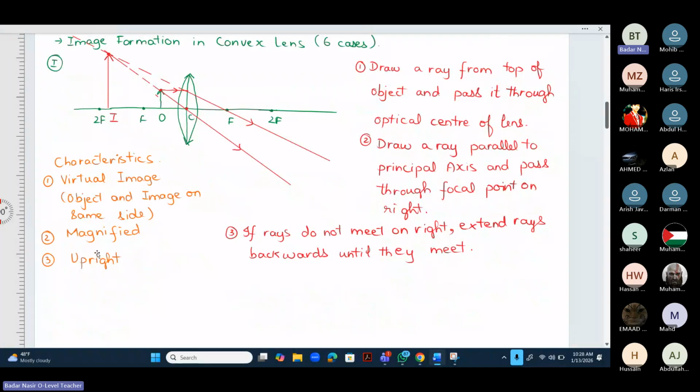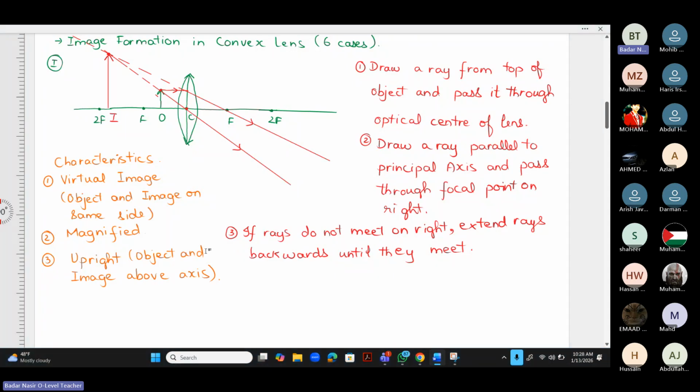Why? Because object and image, they both are above the principal axis. Okay, so these are the characteristics of any image.